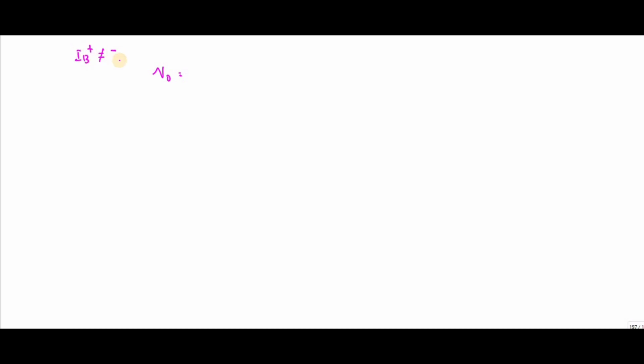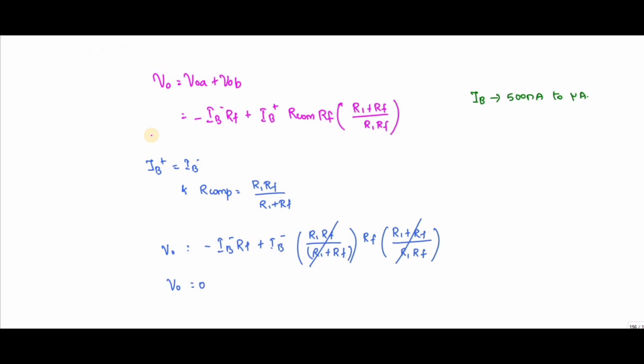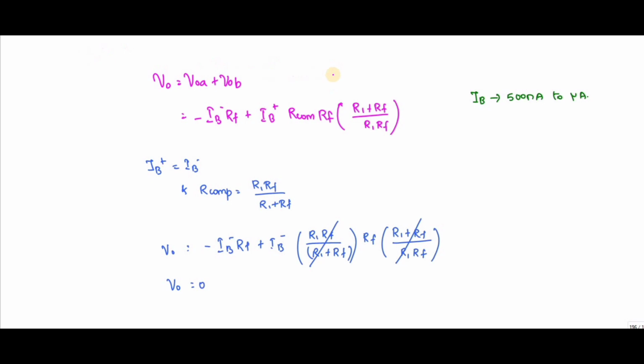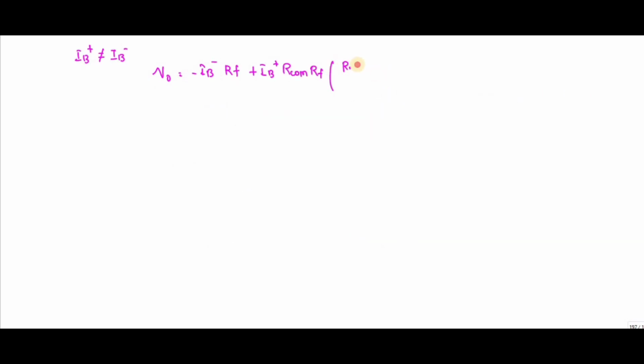So I can write this equation as minus IB minus RF plus IB plus RCOM RF into R1 plus RF divided by R1 RF, right?